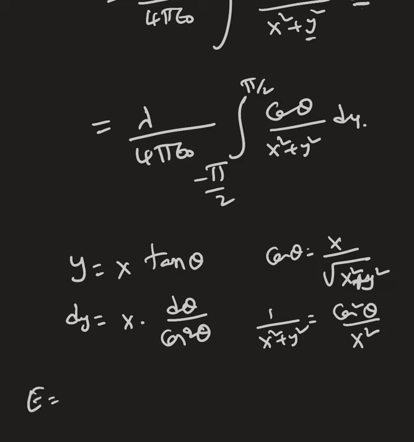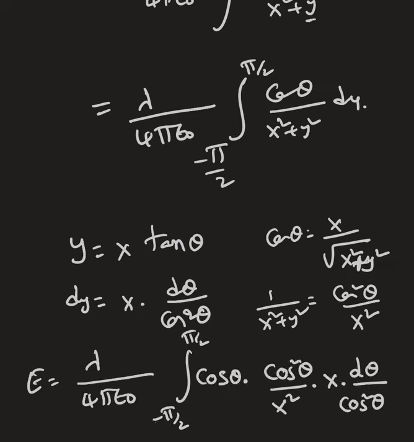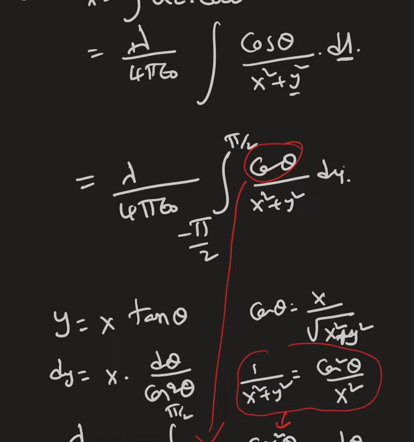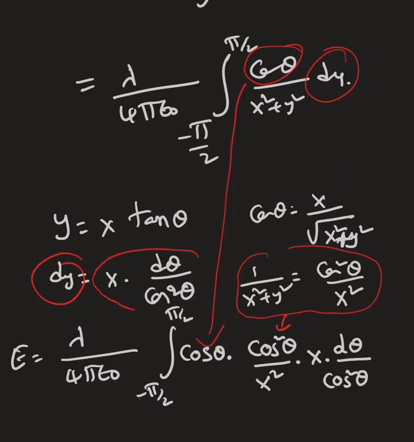So I'm going to substitute these values in there. So E equal to, you can see I kept the cos theta as it is, 1 over x square plus y square equal to cos square theta over x square. I'm going to keep that, and then dy equal to x times d theta over cos square theta.